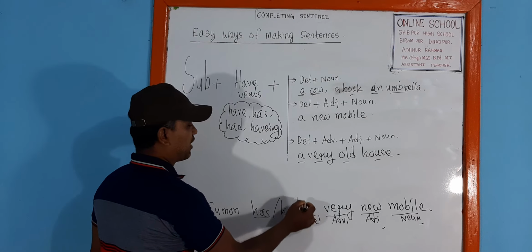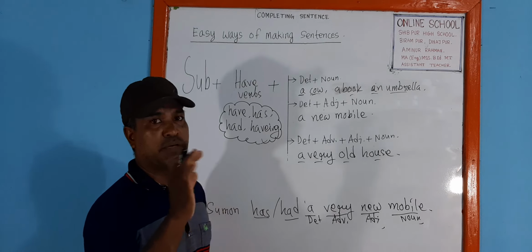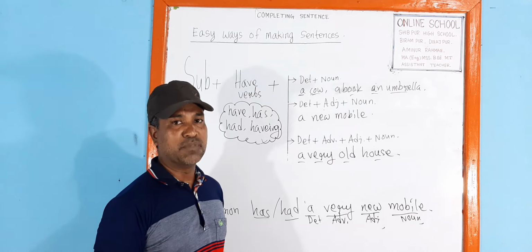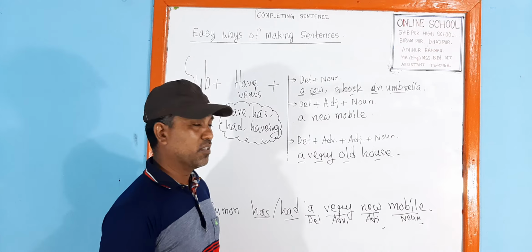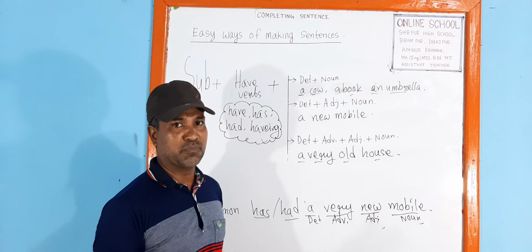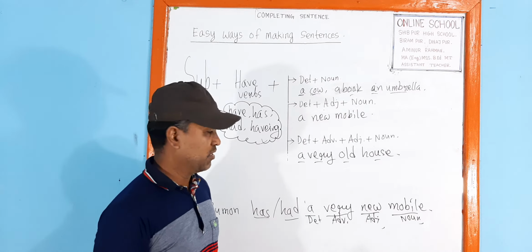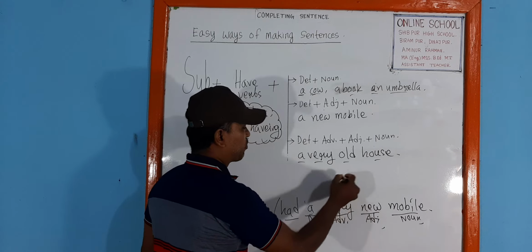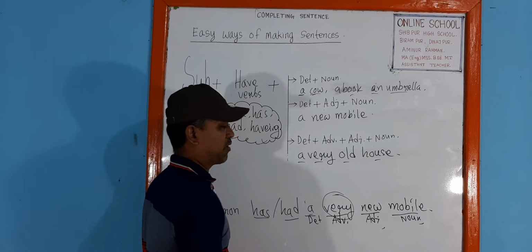At the place of determiner, we can set up 5 types of determiners. Already I have discussed this in my first video of determiners, part 1. If you just go there, you will get a lot of information from there, and that will help you to know about determiners. Please look at this determiner, very. At the place of very, you can set up a lot of adverbs.